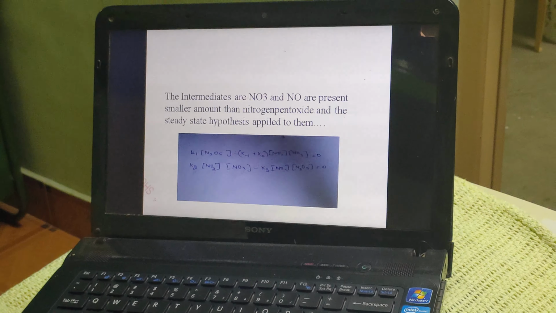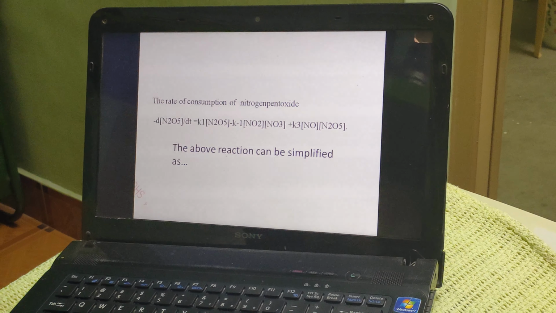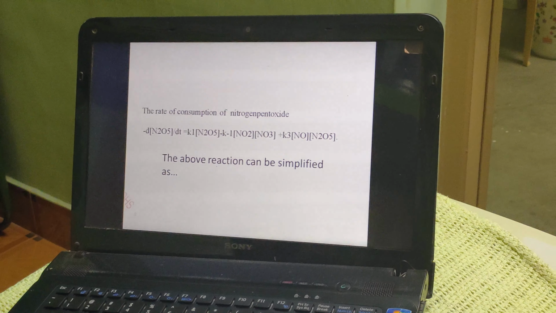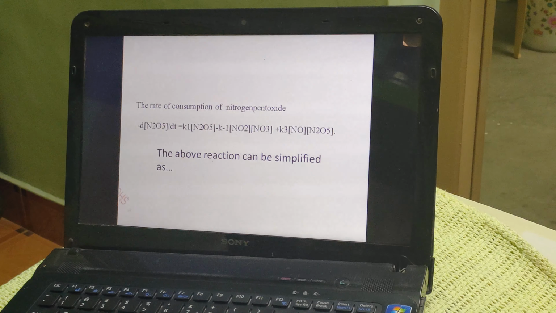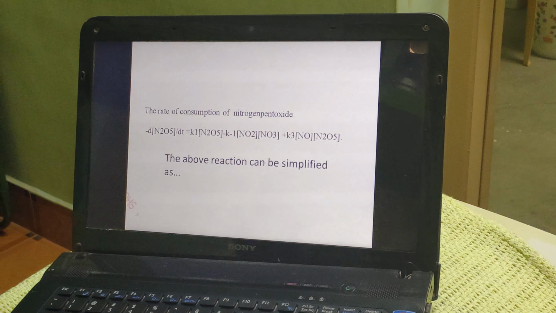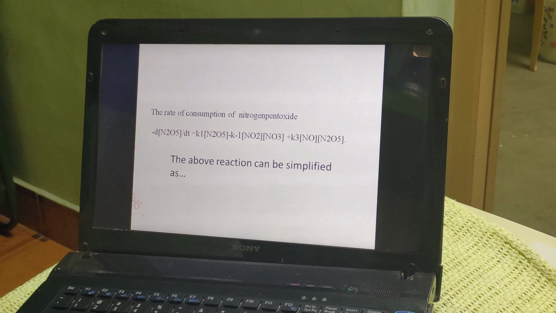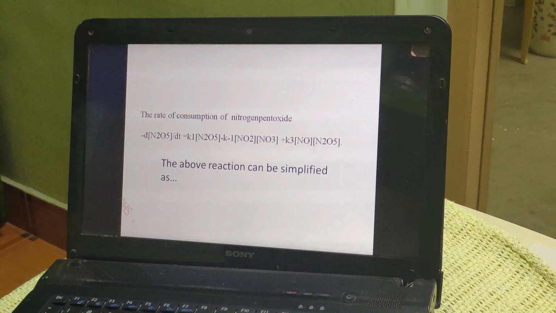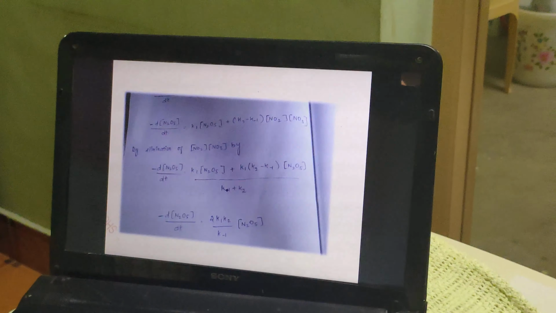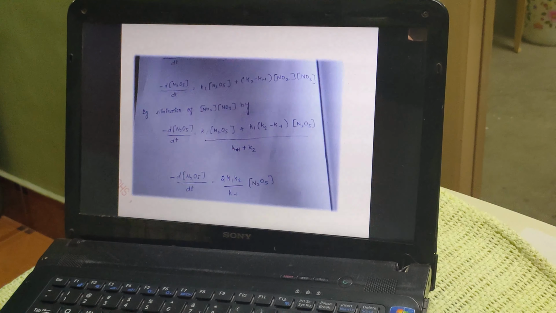The rate of consumption of nitrogen pentoxide, that is minus d[N2O5]/dt, equals k1[N2O5] minus k-1[N2O5][NO3] plus k3[NO][N2O5]. The above expression was simplified as follows.